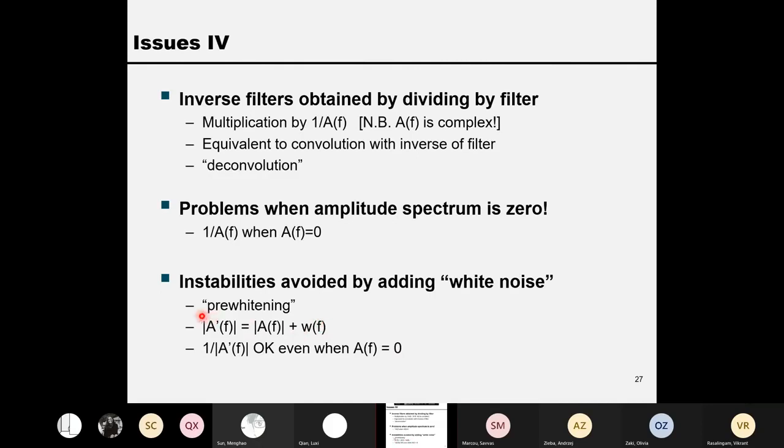This processing is called pre-whitening. There are two concepts here. Whitening means we assume there is some noise in your data, and the noise is made of a series of random numbers.